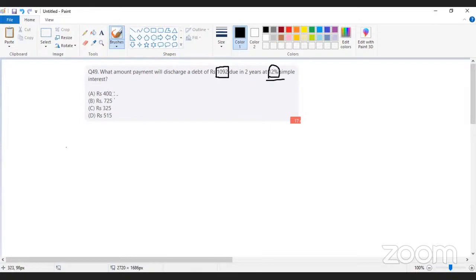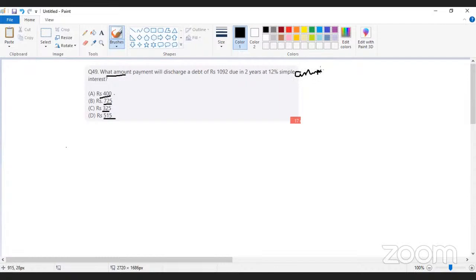Now from this 400, I will try to find the closer value. Am I getting 1092? Take these options as the amount and try to solve it. In case you are not getting the answer, this is the best way to do it. But I still feel it should be given as per annum or something.